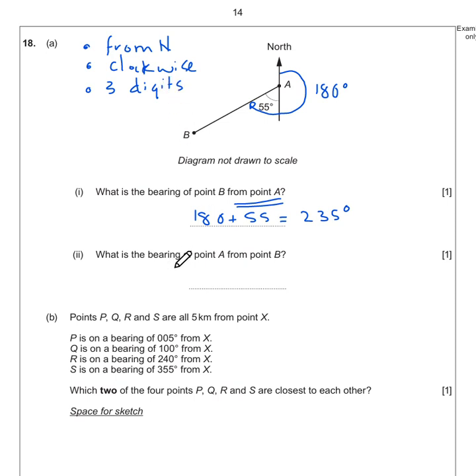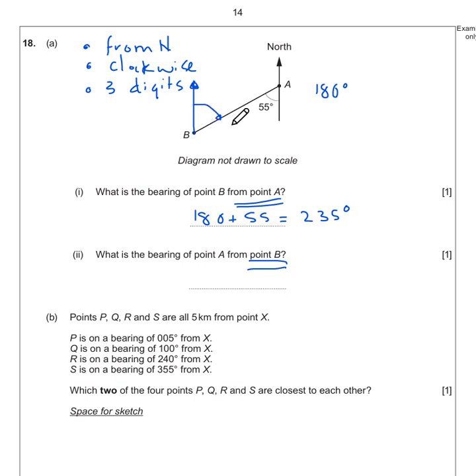Now it's going to ask us what is the bearing of point A from point B. So we need to move over to point B. North arrow is not drawn in, so we need to draw it in. Okay, so there's the north arrow, and we're going to work clockwise till we hit that line going out to A. Just going to get rid of this line from before so we've not got anything confusing us.